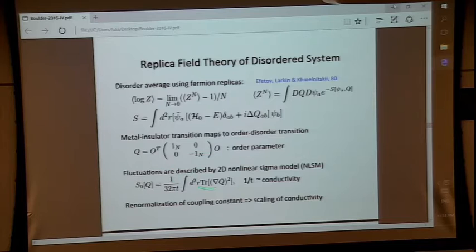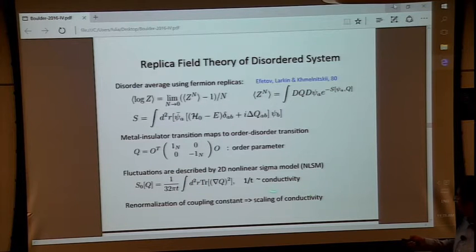Without going into details, there's a stiffness term that describes the kinetic energy associated with the stiffness of the order parameter fluctuations, and this stiffness term, 1 over T, is basically related to the conductivity.